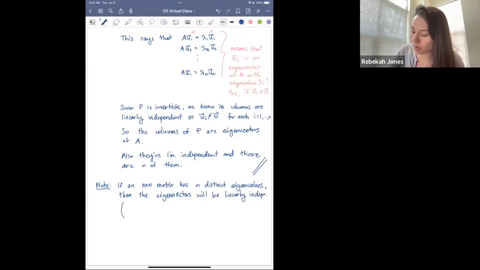This is by the theorem we talked about in class, from last class.